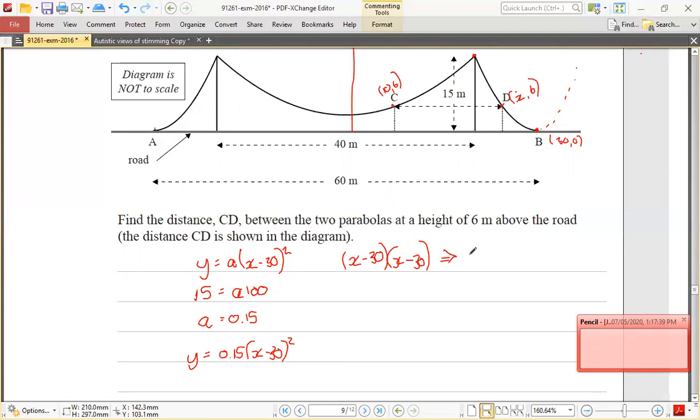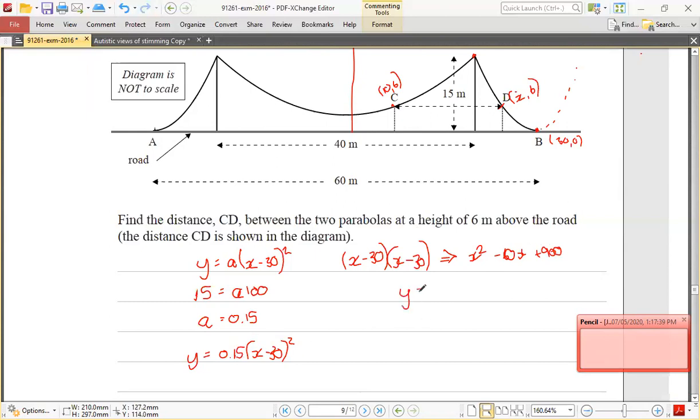So x times x, we've got x squared. That's going to be minus 30x. Minus 30x is minus 60x. And 30 times 30 is plus 900. And all that is multiplied by 0.15.